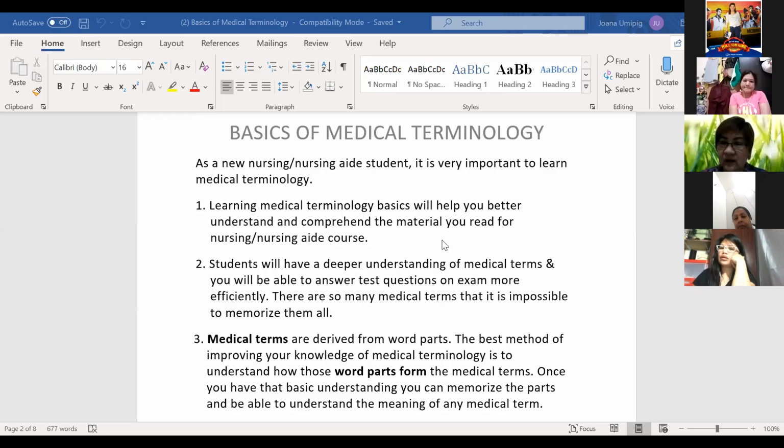With the word root, the prefix and the suffix, they just put a constant combining vowel, yung O. They did not mention anything about combining an A or an I or an E. So it's all about O when combining a word to make a medical term. When we are going to put a medical term, you remember only the constant O. Only O. Okay? Thank you for that question.